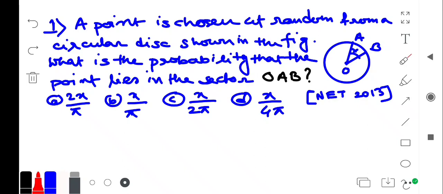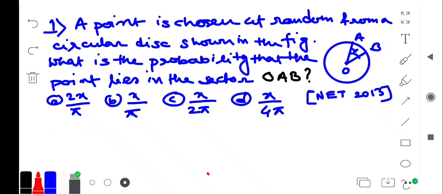So a point is chosen at random from a circular disc shown in the figure. What is the probability that the point lies in the sector OAB? The options are 2x by pi, x by pi, x by 2 pi, x by 4 pi. Now, suppose here n is equal to x.